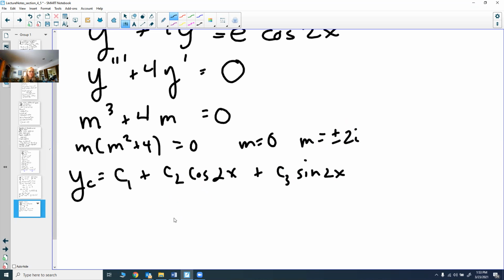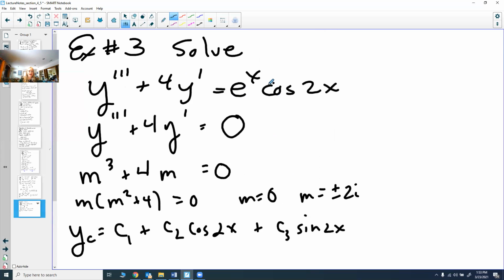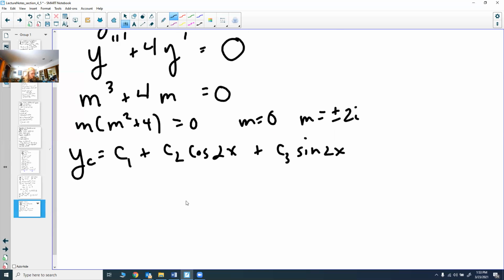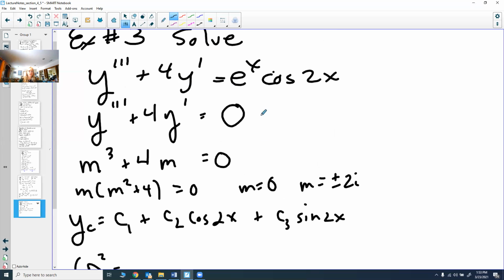So now we have that. Now what we have to do is try to figure out what annihilates e to the x cosine of 2x. So what annihilates that is always D squared minus 2 alpha D plus alpha squared plus beta squared, where alpha is whatever's in front of the x in the e to the x, in this case it's a 1x.